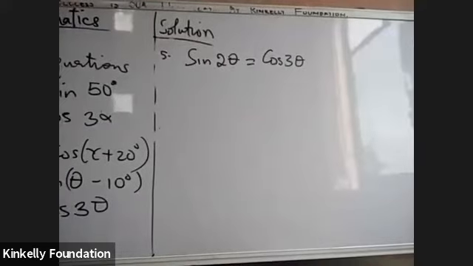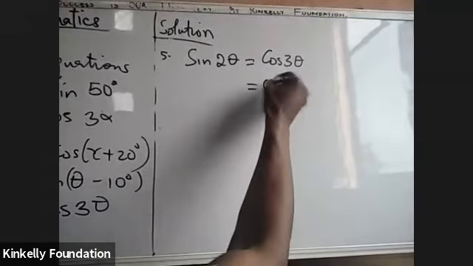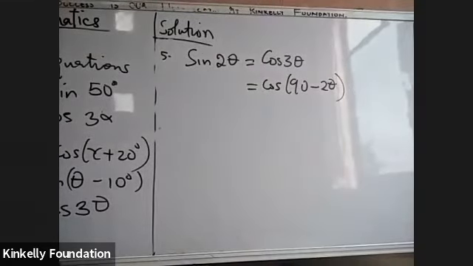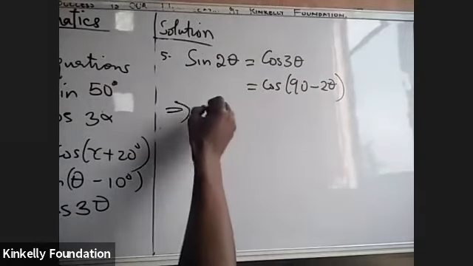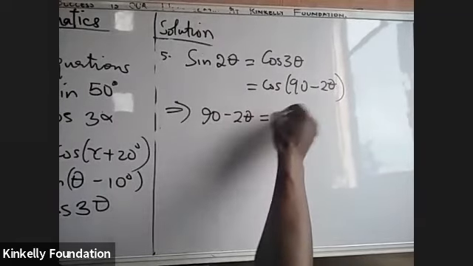In this case, you take that 2 theta as just one. This is the same thing as saying cos of 90 minus 2 theta. So, equating the two, you have 90 minus 2 theta equal to 3 theta.